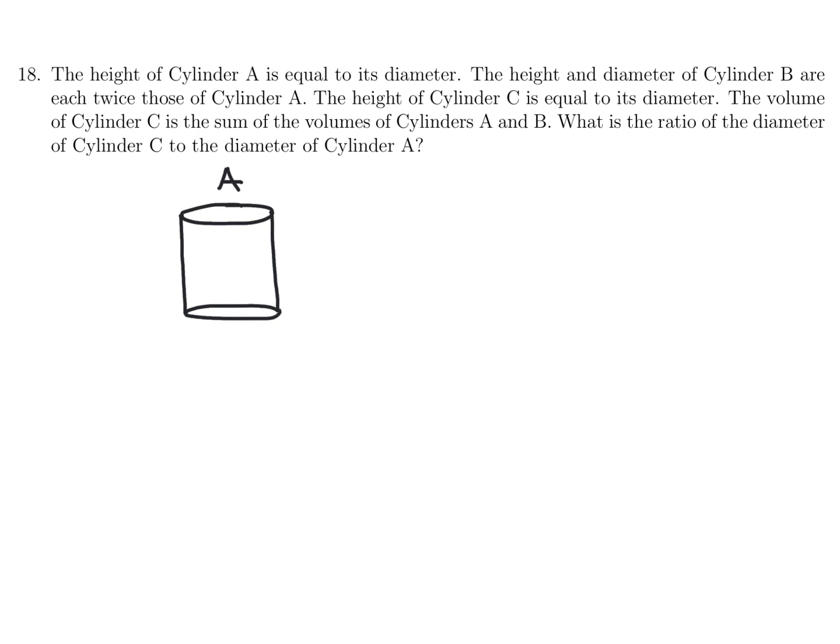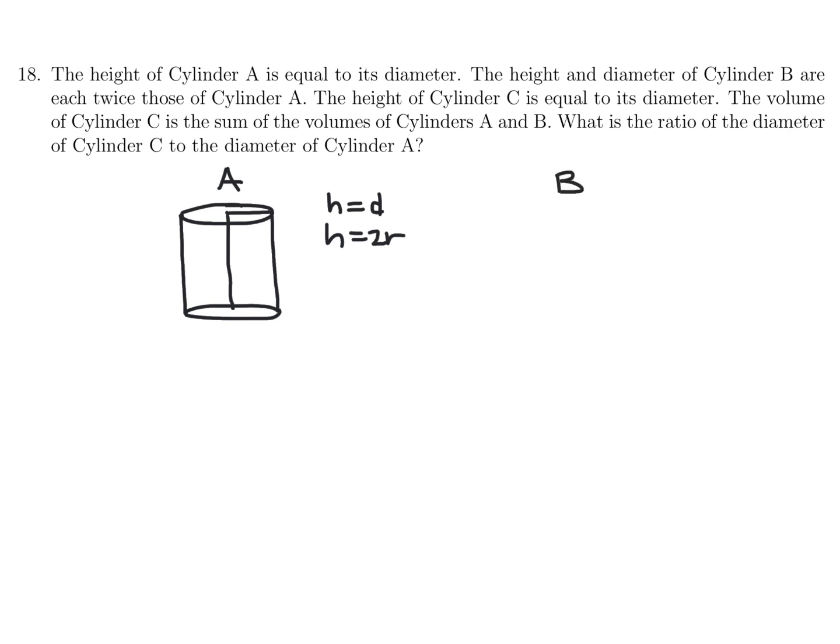Something like this, right? And so we've got a height, which I will call D, and the height is 2 times the radius. Well, D is equal to 2 times the radius. Diameter is 2 times the radius. And that takes care of cylinder A.